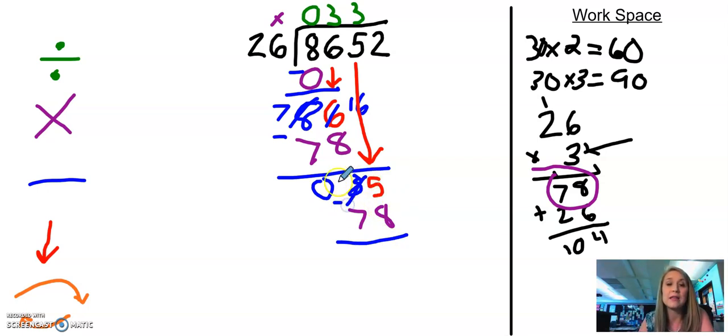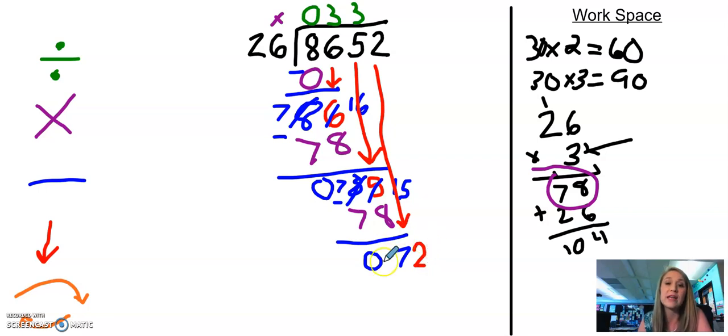The 8 becomes a 7, and the 5 becomes a 15. 15 minus 8 is 7, and 7 minus 7 is 0. I ask myself, is 7 less than 26? It is, so I can bring down my next digit, which is a 2.